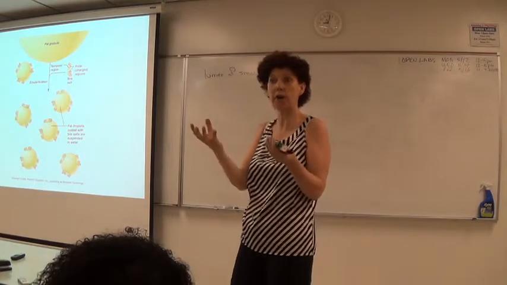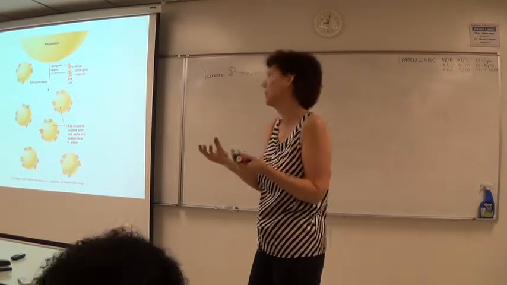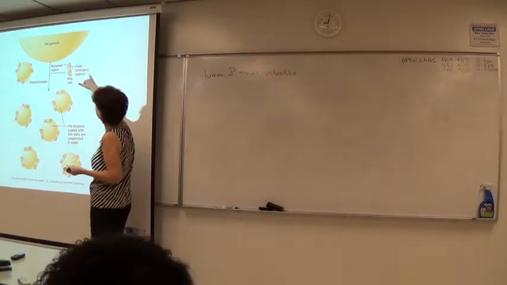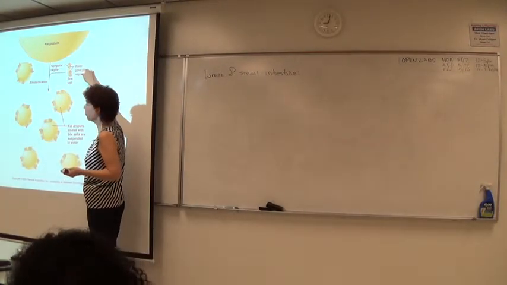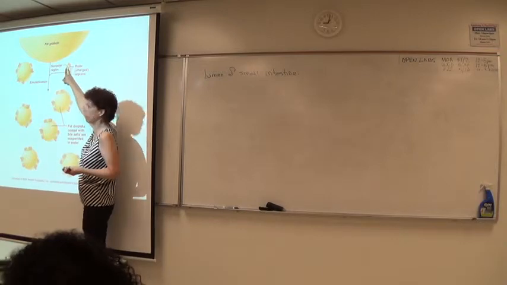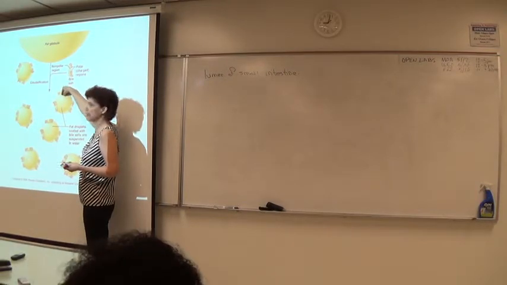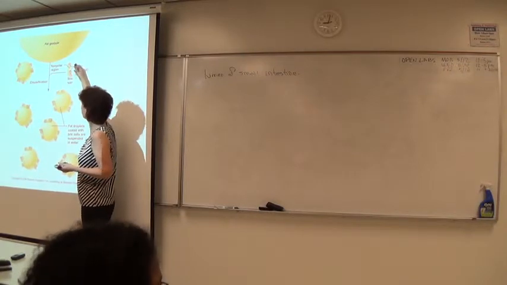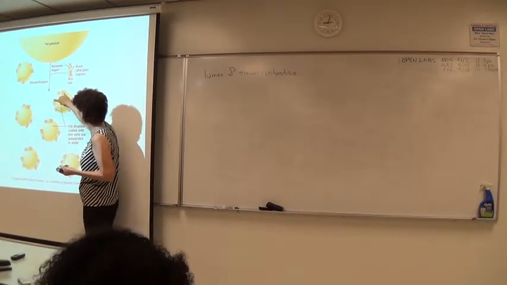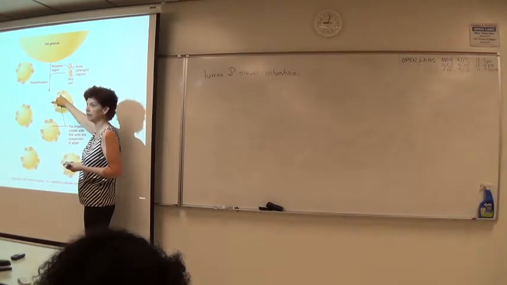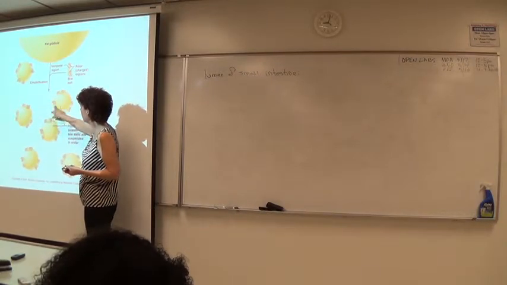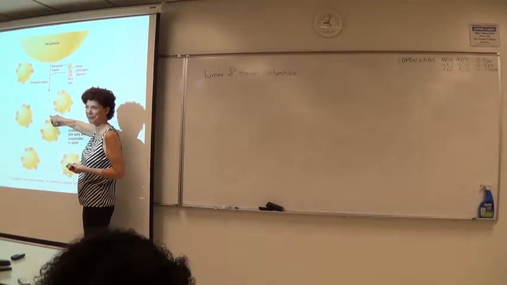And salts are charged. Okay, salts can dissociate to charged molecules. So that's what's happening here, is there is a charged region and a non-charged region, because obviously our lipid is not going to bind to a charged region. And so the non-charged region becomes soluble in the lipid droplet, and the charged region extends outward, and those charges repel each other.